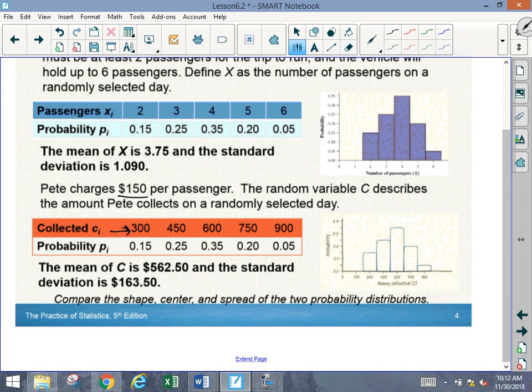So what he's done is multiplied all of the random variables by 150. And the result is that your new mean is the old mean multiplied by 150, and the transformed standard deviation is the old standard deviation times 150. And the reason for that is that, remember, multiplying affects both mean and standard deviation.